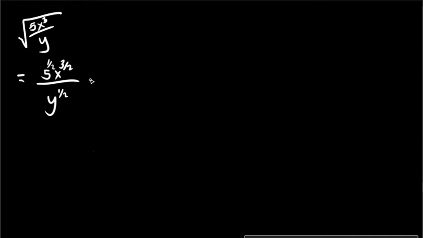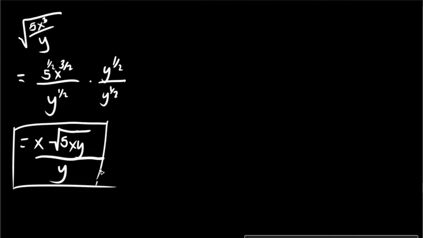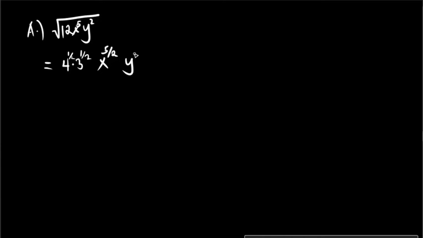So we need to multiply the numerator and denominator by y to the 1 half to rationalize it, and we're gonna end up with the square root of 5xy over y. So that's going to be our answer.